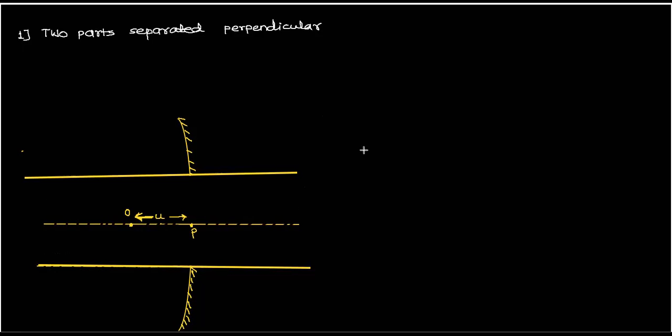Now let us suppose from this principal axis this distance is y1 and this distance is y2. Okay, means these two parts we have separated and placed like that.